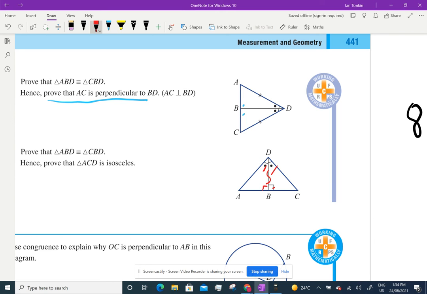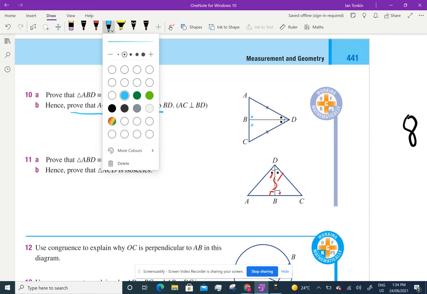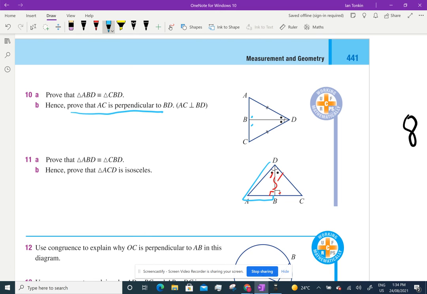So we've got angle, angle, side. Now, once you show that those two triangles are congruent, well, then you know that the corresponding sides must have the same length. Therefore, that side and that side must be equal. Hence, that triangle must be isosceles. But you go through the steps and show your working. Good luck.